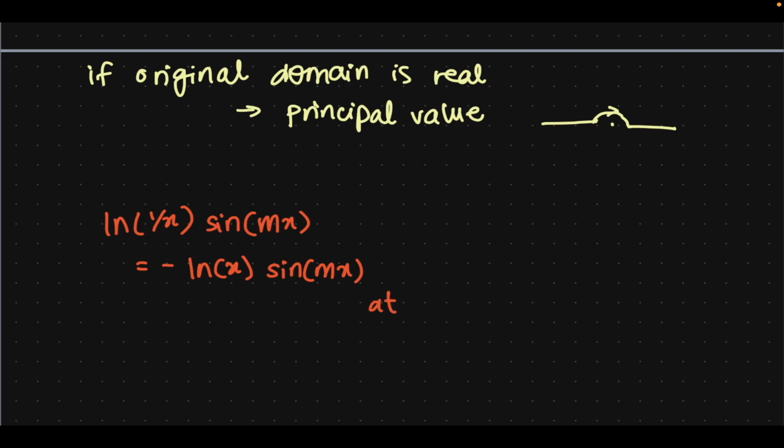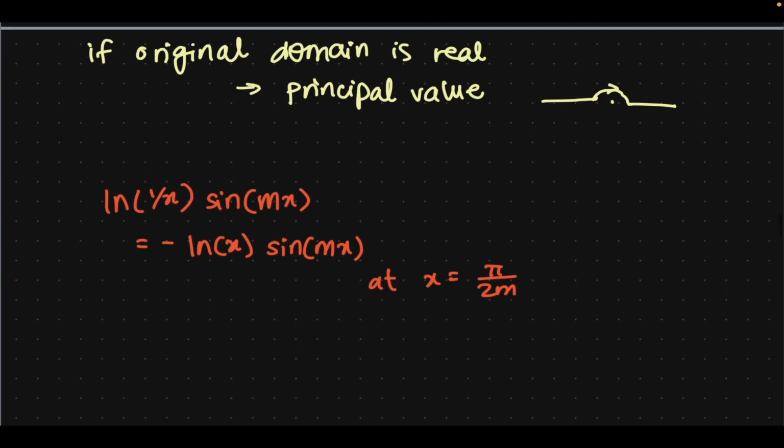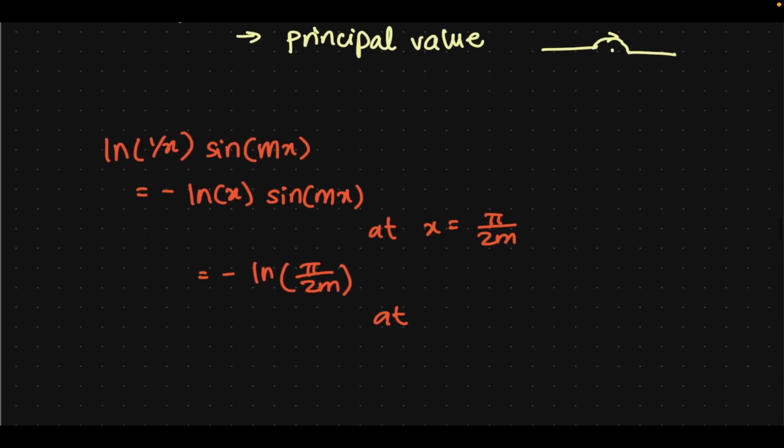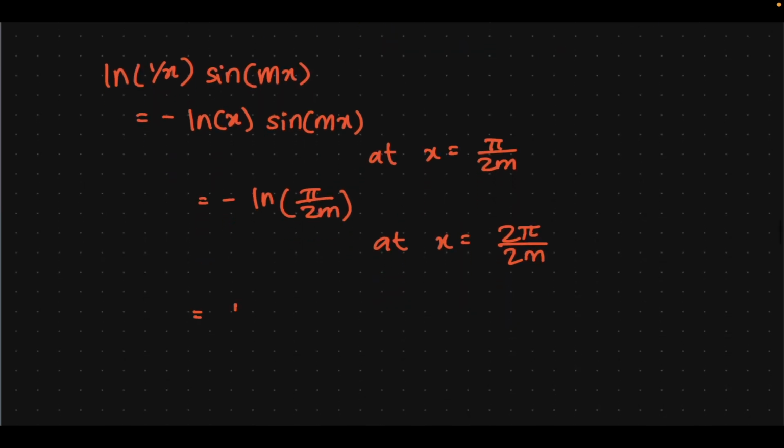So at x equals pi over 2m, we're going to get minus natural log of pi over 2m. At x equals 2 pi over 2m, we're going to get natural log of 3 pi over 2m.